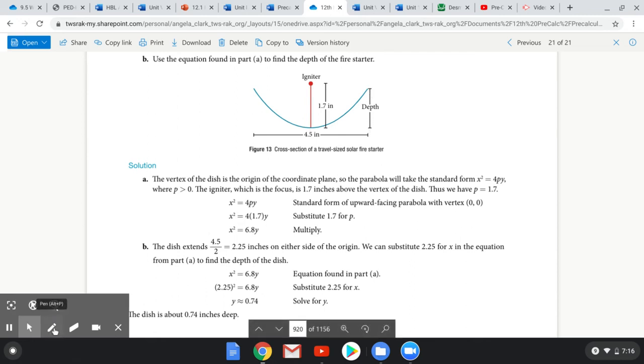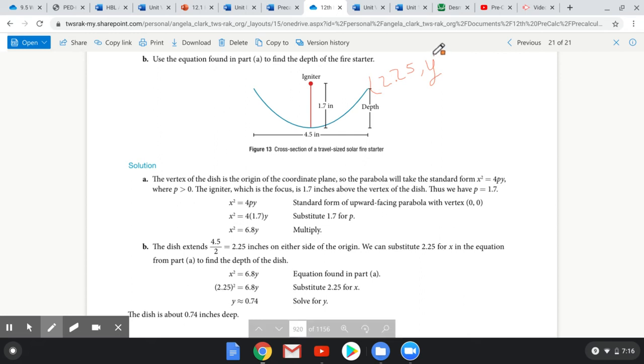So the coordinates of the point that we're looking for are 2.25, because that's half of 4.5, comma, and the y here is that depth that we are looking for.